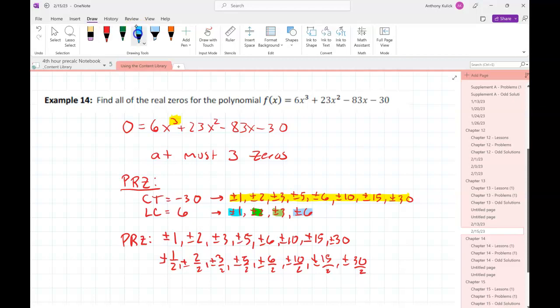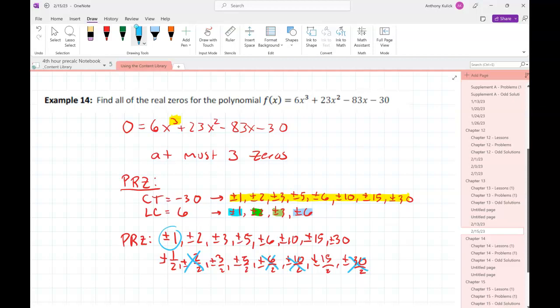Wait a tick. Do you see any redundancies here? Look at 2 over 2. What's that the same as? 1. Don't we already have that on our list? Let's get rid of that. What else do you see that's redundant? 6 over 2, which is just 3. What else? 10 over 2 and 30 over 2.